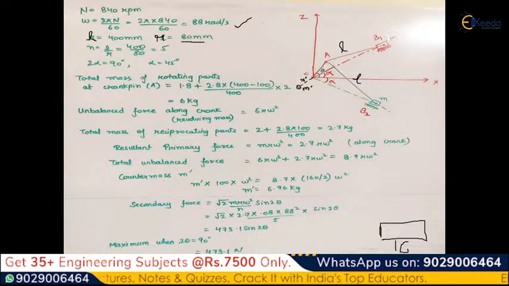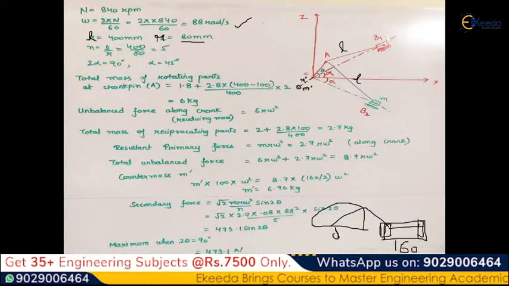For the piston to move from one extreme position to the other extreme position, the crank rotates 180 degree. That means this is the diameter. So this 160, the stroke of the cylinder, is equal to the diameter of the crank.